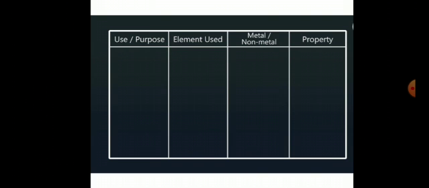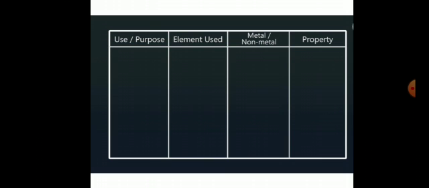For example, if you write copper as an element, then copper comes under the category of metal. Under property you can write copper has a shiny surface. Copper is a very good conductor of heat and electricity. And under the heading use, it is extensively used in electrical gadgets, means copper wires are used for carrying electricity.